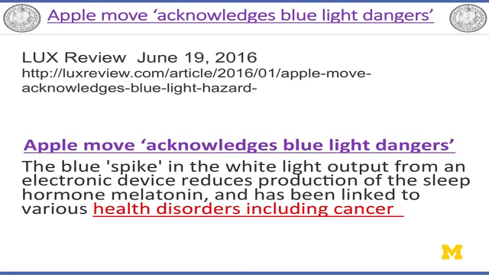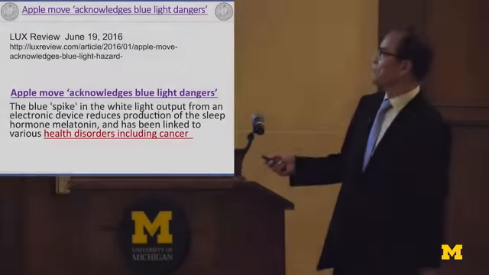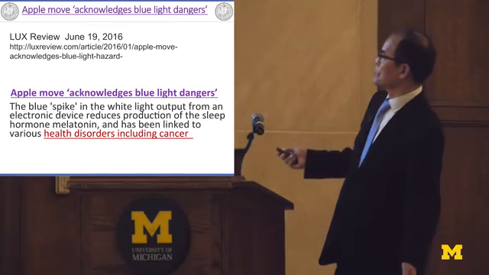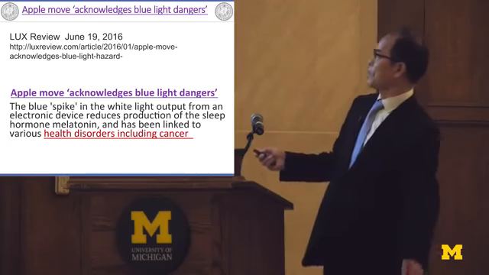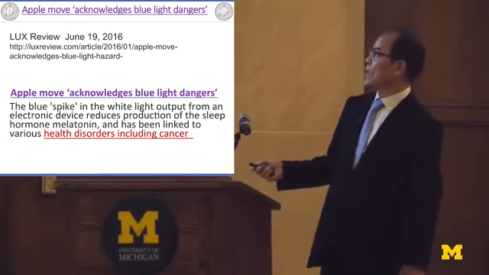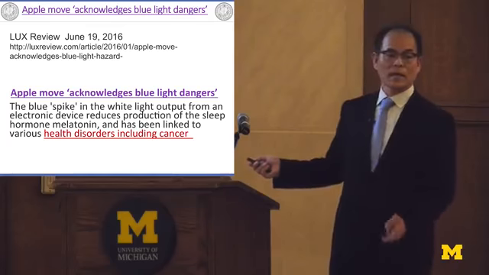Apple did a press release recently, January this year, acknowledging the blue light dangers. You can see the blue spike in the white light from electronic devices, iPhone, iPad, computer, TV, everything. It reduces the production of the sleep hormone melatonin and has been linked to various health disorders, including cancer.